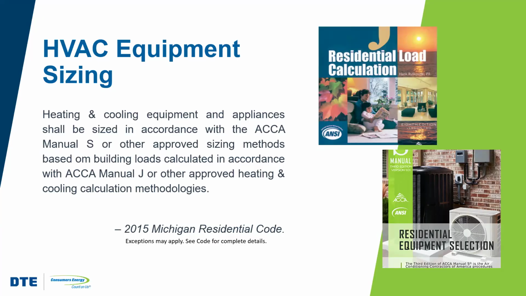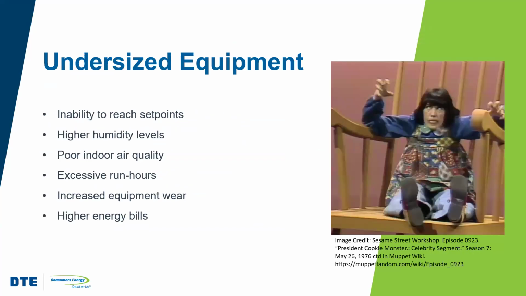This applies to both heating and cooling equipment, as well as humidifying equipment. We want to make sure that the equipment is going to be able to deliver optimal comfort to the homeowner, and it can't do that if it is oversized or undersized.